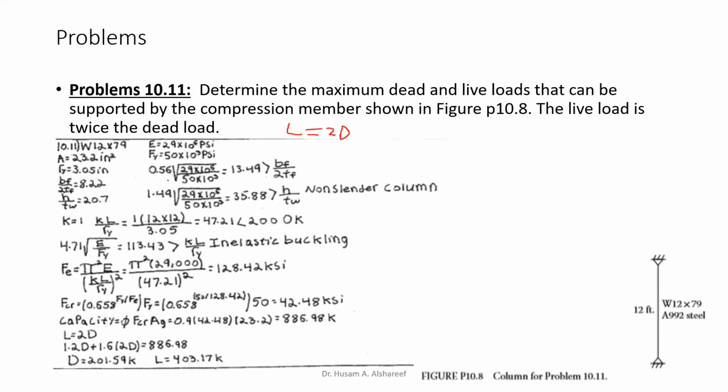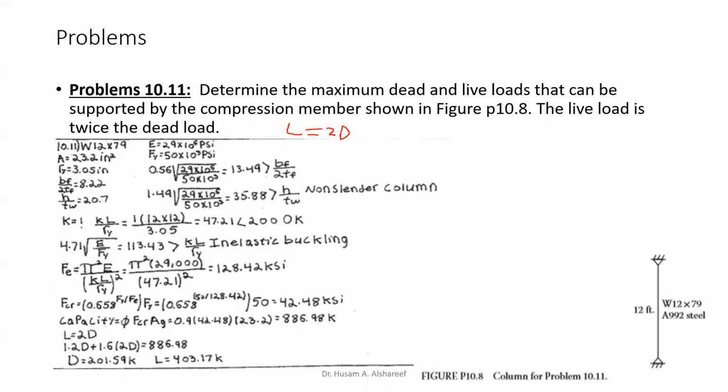It's just plug and chug from table 10.1. You have 0.56 times the radical of the modulus of elasticity over Fy, and 1.9 times the radical of the modulus of elasticity over Fy. It happens that these values are larger than these values, which means our column is non-slender.